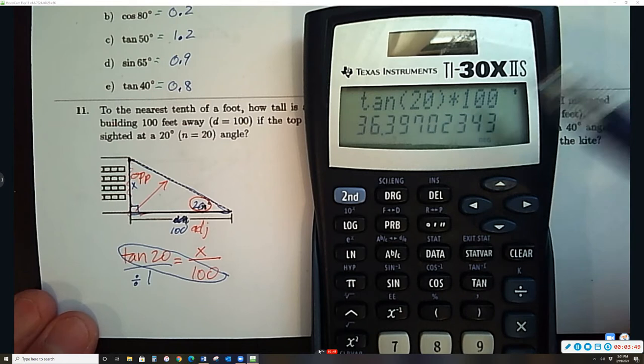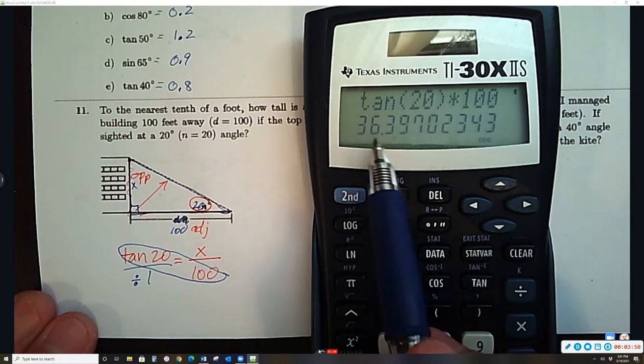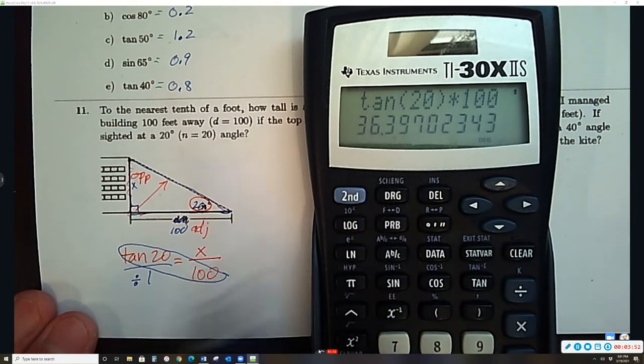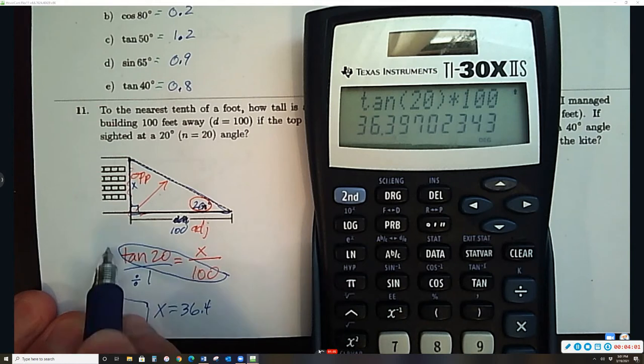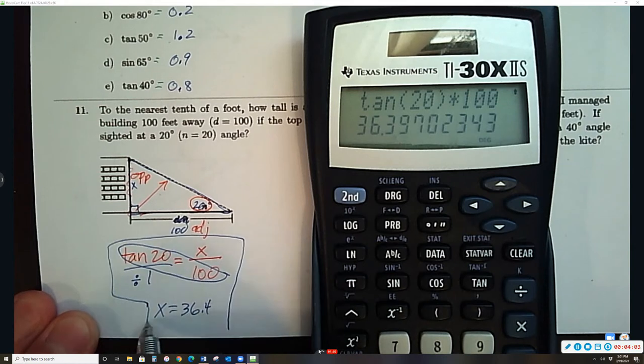I'm not going to, because when you divide by 1 you get the same number back. And that's 36.4. And it is feet, but for now I'm just going to leave it at 36.4. Right now I'm more interested in you getting the number.